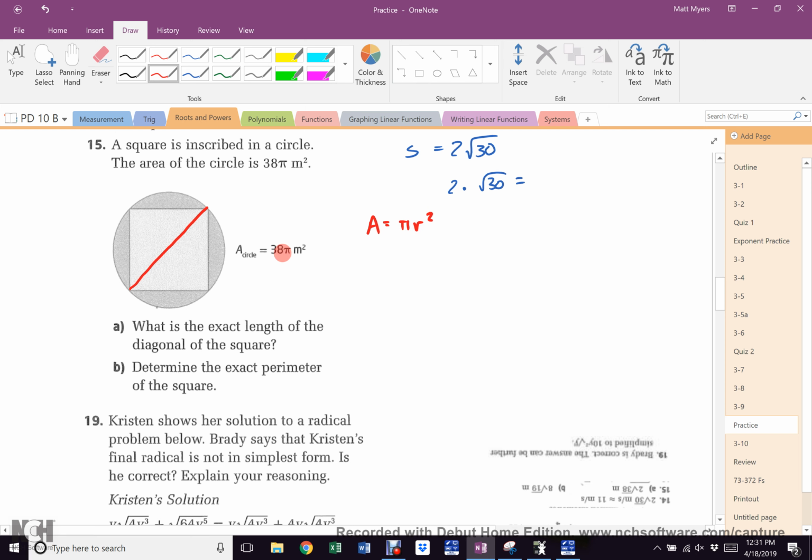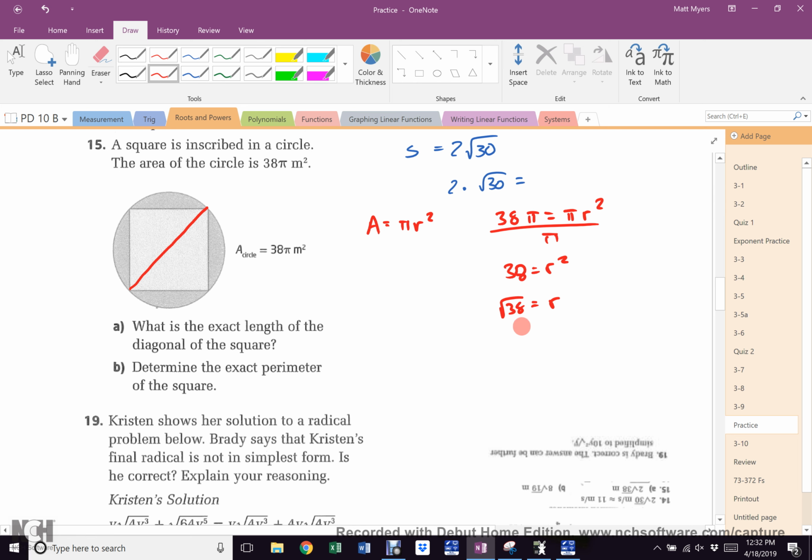So I have the area, don't I? So 38 pi equals pi r squared. What am I trying to find? R. So if I divide both sides by pi, I get 38 equals r squared. Then what? Square root. Square root 38 equals r. Right?